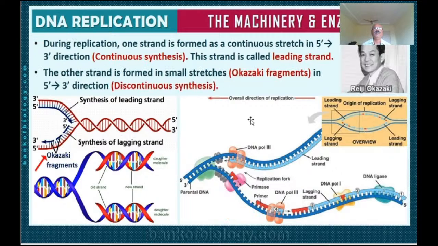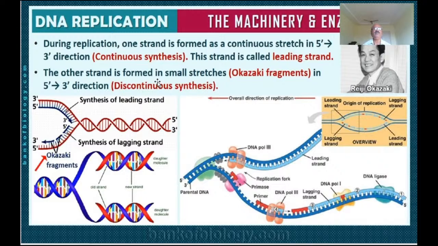During replication, one strand is formed as a continuous stretch in the 5' to 3' direction. That is called continuous synthesis. This strand is called the leading strand. You see, here the continuous strand is there. The other strand is formed in small stretches. Those small stretches are called Okazaki fragments, in the 5' to 3' direction.